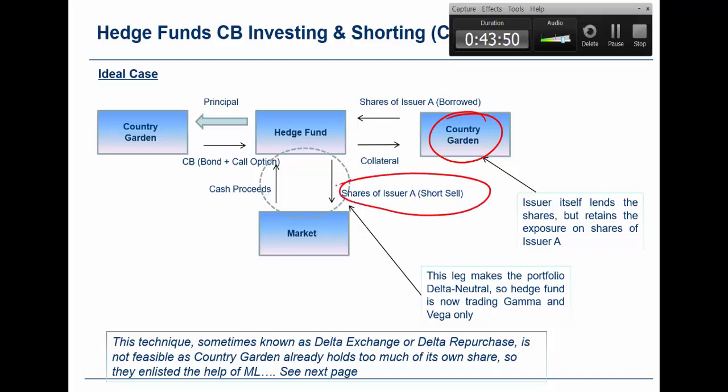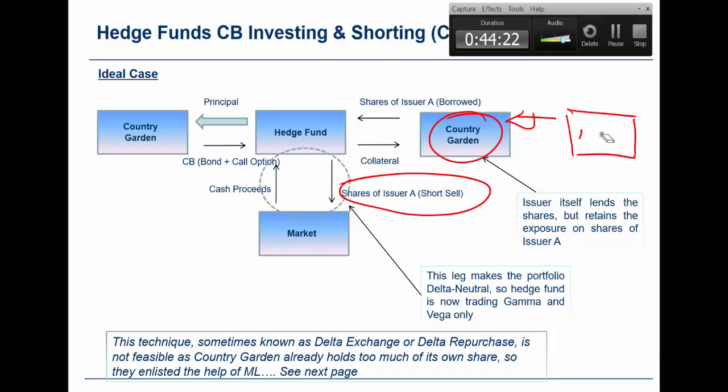Here is a short sell. And issuers, normally they actually don't mind, because they know if you are a hedge fund and you want to invest in a CB, you are going to short sell anyway, with or without me. They know that, okay? So sometimes, quite happily, they would buy the shares from the market and lend them out, okay?